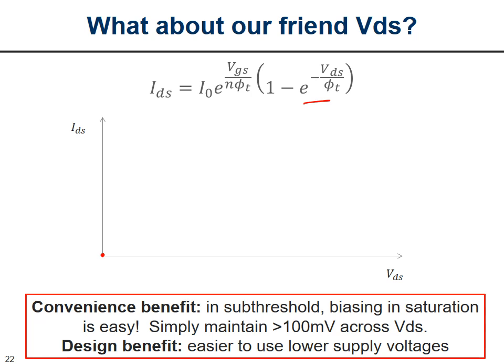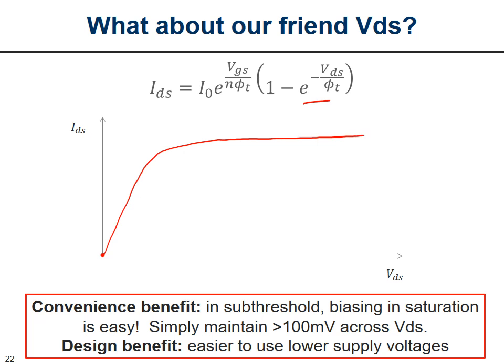That makes us happy. Now, as VDS starts to increase, that e to the minus VDS over phi t term is going to start to get very small, to the point where VDS is much larger than phi t, that parameter basically becomes 0. And so effectively what ends up happening is we have a somewhat linear region and then we saturate.